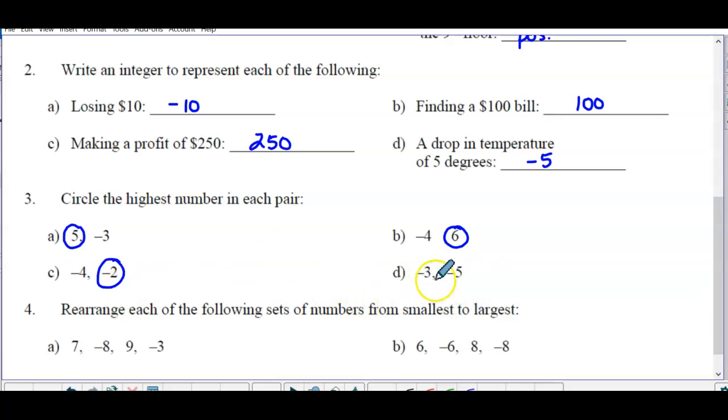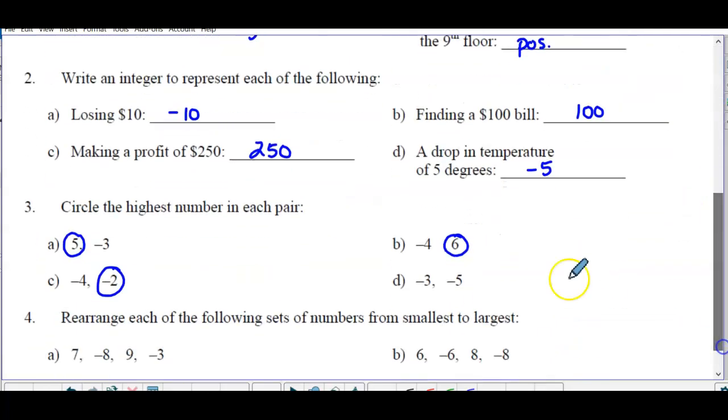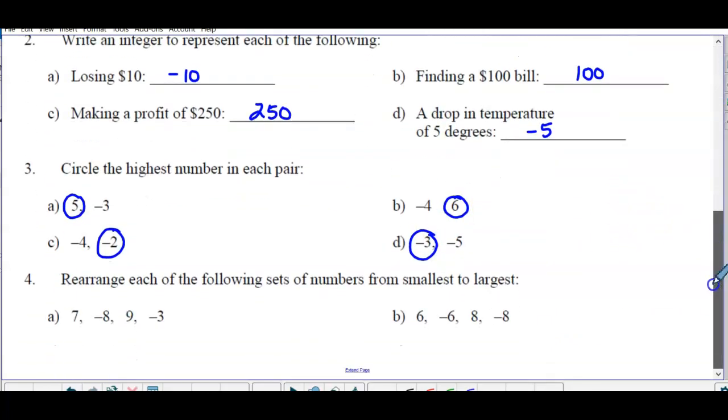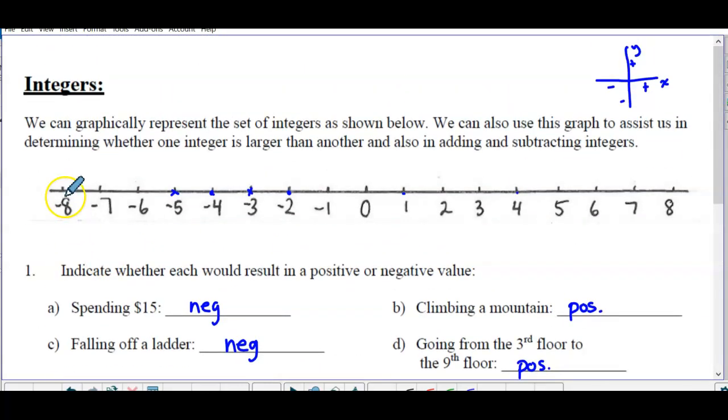All right, and then -3 and -5. So that would be here and here. Again, -3 is to the right of -5, so it is larger. Then rearrange from smallest to largest. So I've got two negatives. So smallest would be to the left on the number line. That is, on our number line, the lowest value.